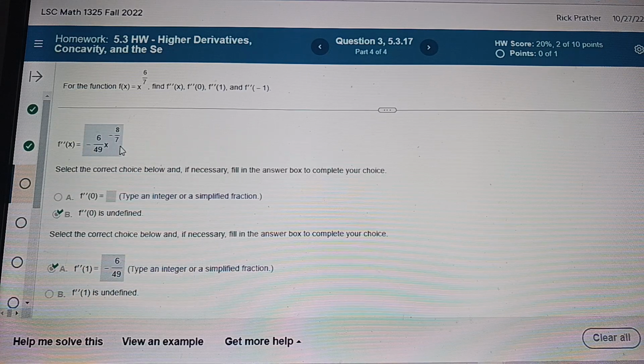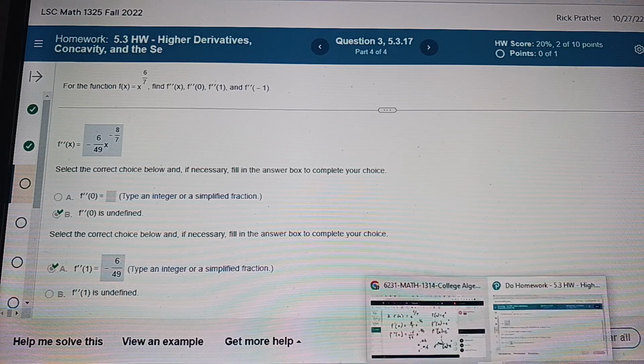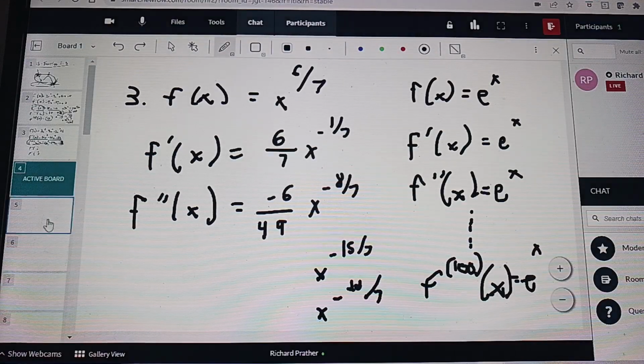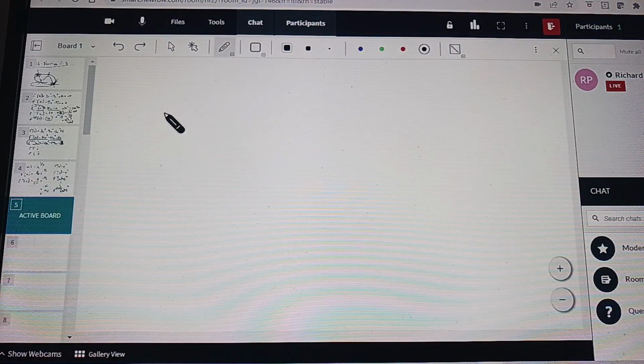Okay, negative 1, if you put this in the bottom... Negative 1 to the, well, let me show you what's happening here, because it depends on the root. If you did square root of negative 1, that's equal to the imaginary number i. You can't do even roots of negative numbers.